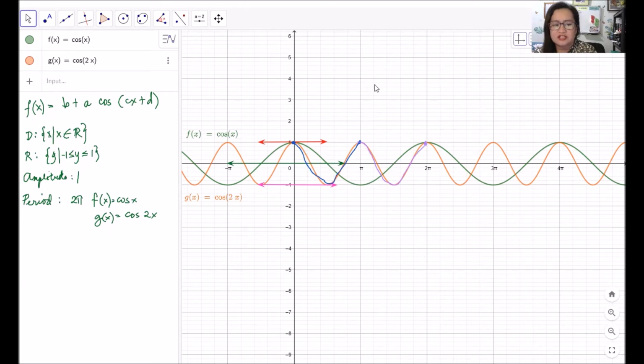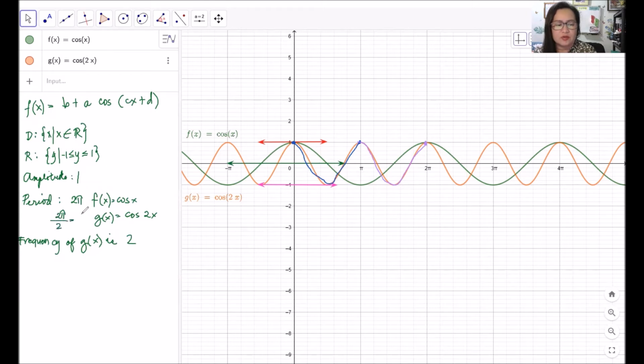Hence, we say that the function g of x has a shorter period, because the number of cycles in the interval from 0 to 2 pi is 2. To get the period, we have to divide 2 pi by 2.